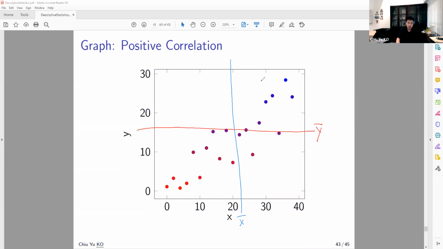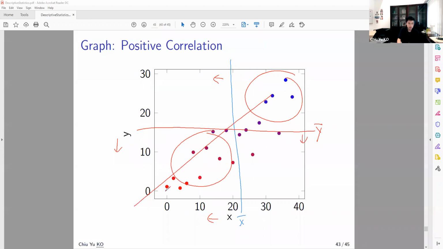If the data are mainly here and here, which means that if X is above the mean, Y is above the mean, and if X is below the mean, Y is below the mean, then we will say they are positively related. You can draw a line to represent how they're related.